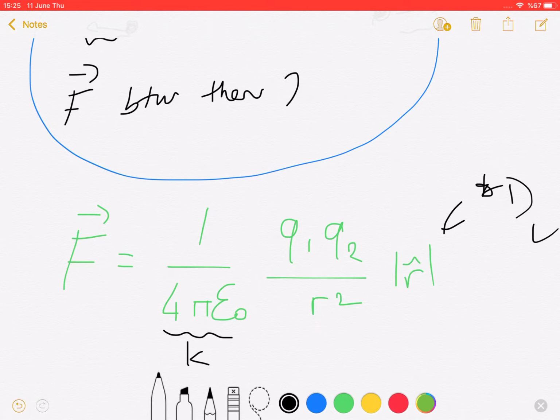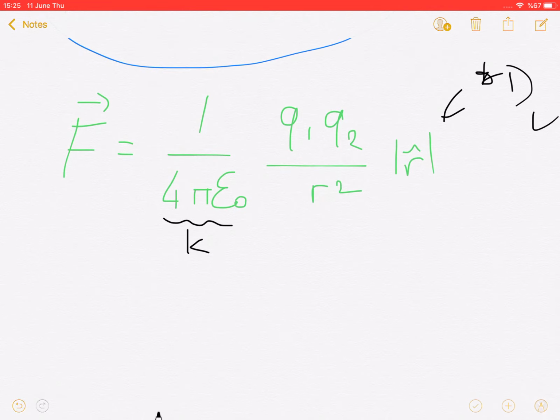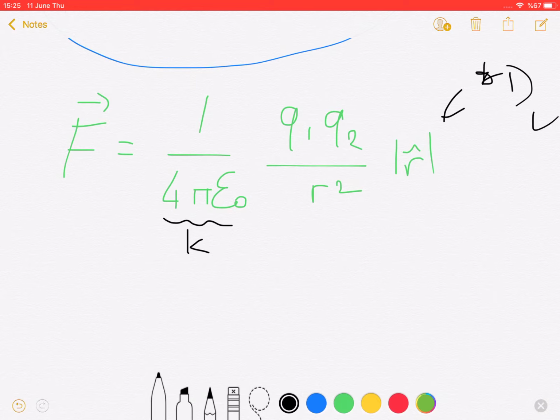I also want to talk about the units. What was the unit of F? Newton found F equals ma, a really basic formula, and we will refer to it in our calculations, but the unit is Newton. That's simple. What is the unit of charge Q?